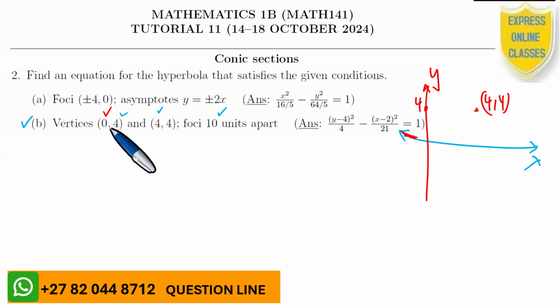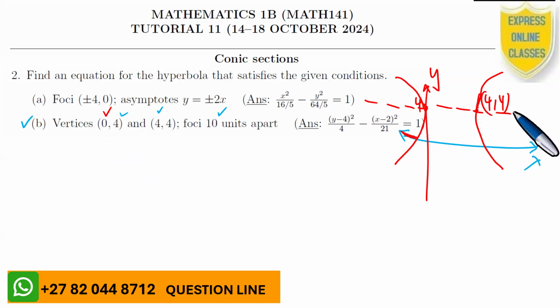So the vertices are going to be there at 4. The graph goes through the vertices. So the graph is going to be something like this.